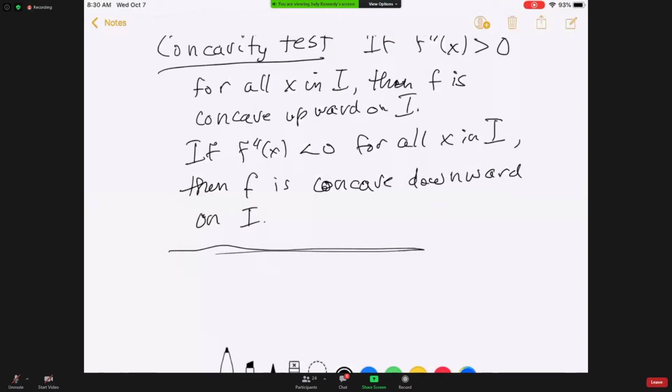There's another definition I need to give you. Inflection point.